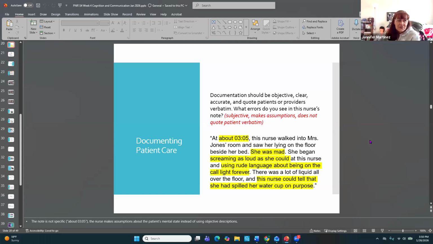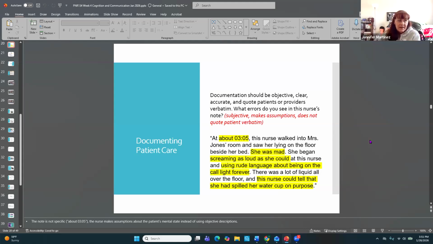She began screaming as loud as she could. Oh yeah. I've seen this where people have done this and the patient never screamed or even yelled, right? But now we're just trying to paint a poor picture. Isn't that false documentation?